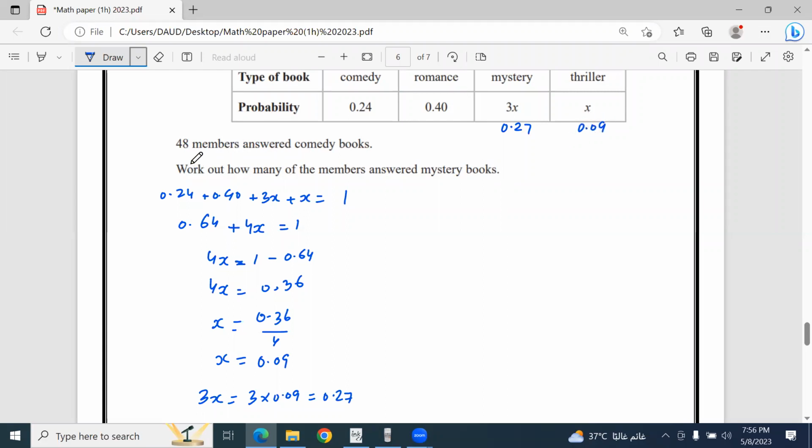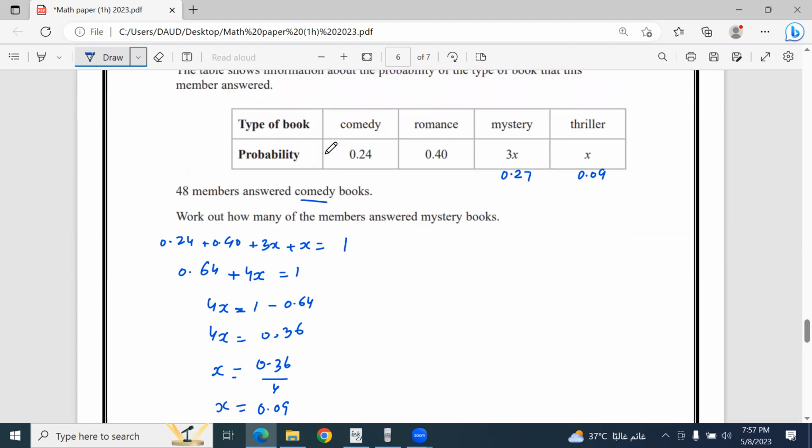But remember that they give the information of comedy books. 48 members answered comedy books, so the probability of comedy books is 0.24. With the help of this, we can find the total number of members.